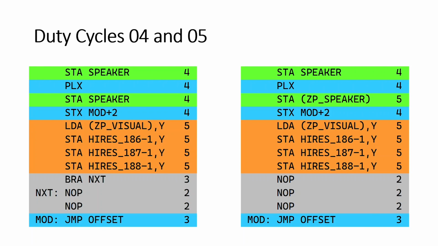With duty cycle 4, we can for the first time put an instruction that we actually need between the 2 speaker toggles. From now on, just look how this green line here moves downward for the following duty cycles.